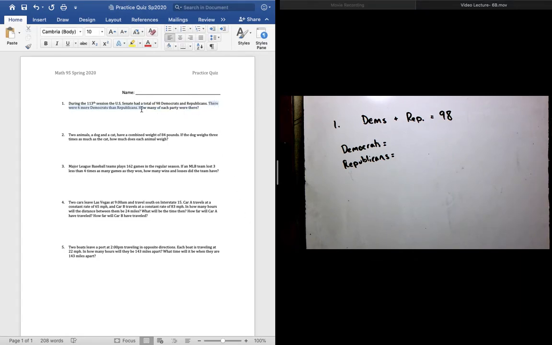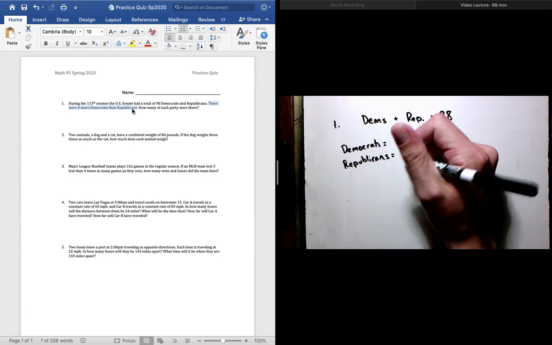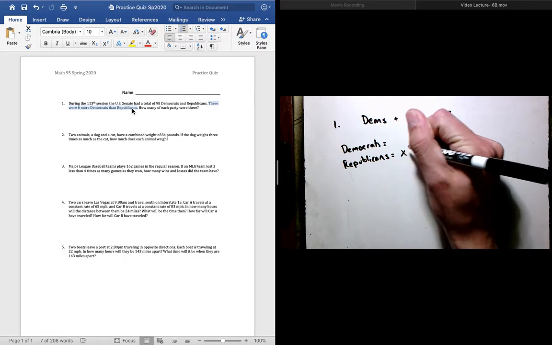And here it is: were 6 more Democrats than Republicans. In this sentence, they're describing the number of Democrats relative to Republicans. So the one that they're not really describing in detail here is Republicans. For all of these problems, the one that's not being described in great detail is the one that we want to refer to as X.